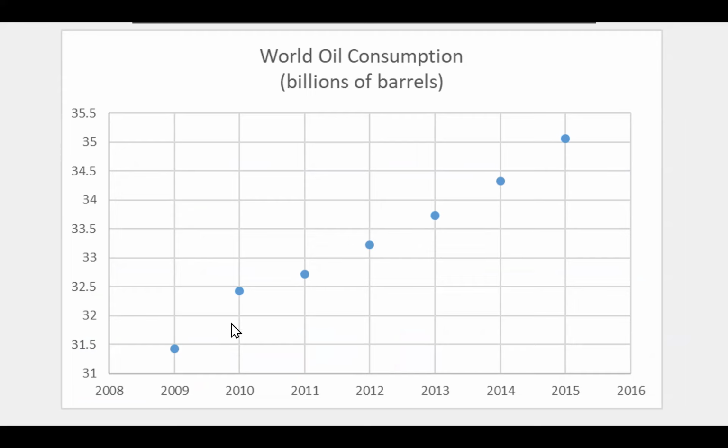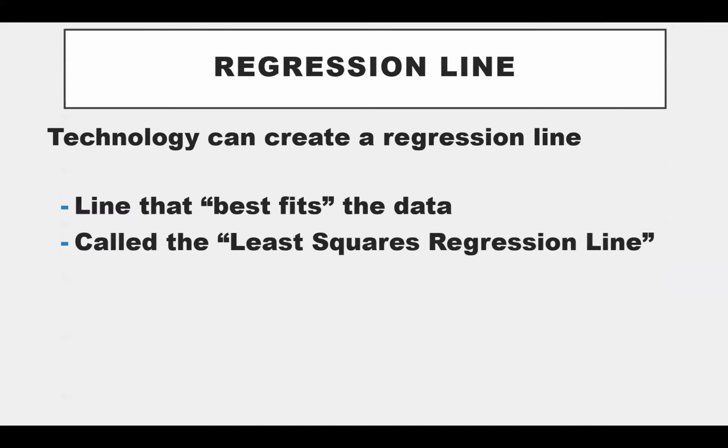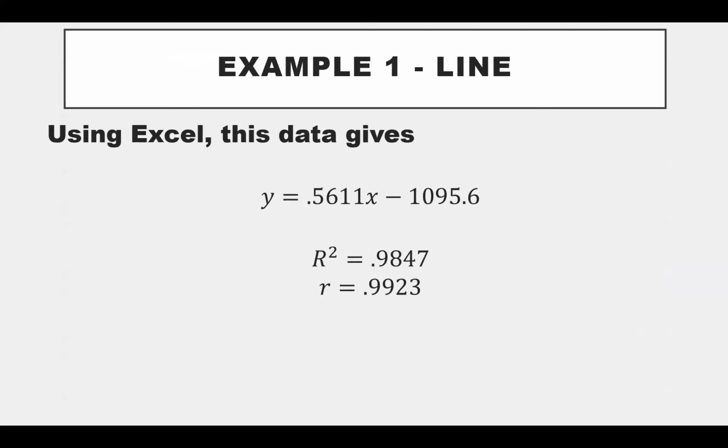And you can see that this is really, really close to a line. If I draw a really nice line through that data, it would look like it gets really, really close to all the points. And so that's why we get an R value which is really, really close to 1.